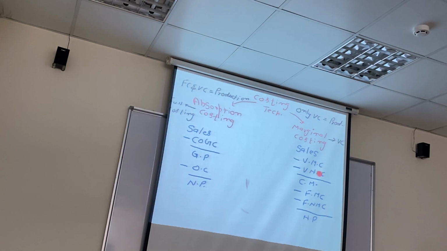Variable non-manufacturing, we do more marketing, more advertising, more distribution, sales increase. That's why variable manufacturing and variable non-manufacturing contribute to increasing revenue or production. That's why we call it contribution margin. There is no contribution of fixed cost to increasing production or sales.